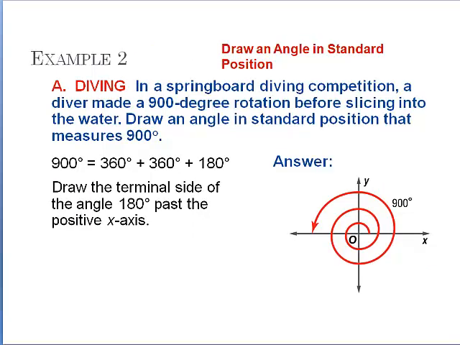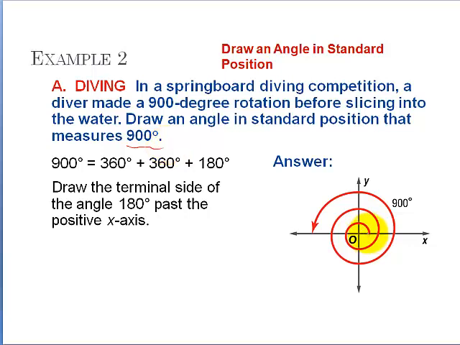Draw an angle in standard position. It says a springboard diving competition, a diver made a 900 degree rotation before slicing into the water. Draw an angle in standard position that measures 900. So what you need to do is show that 900 degrees is going to rotate multiple times.